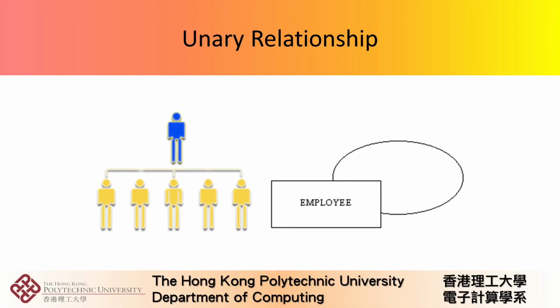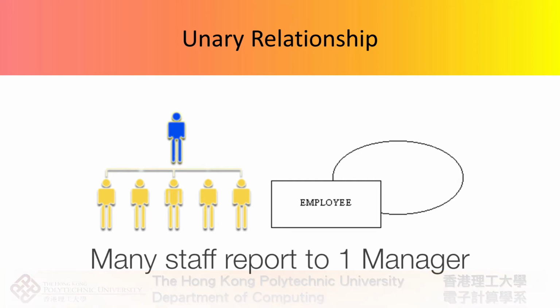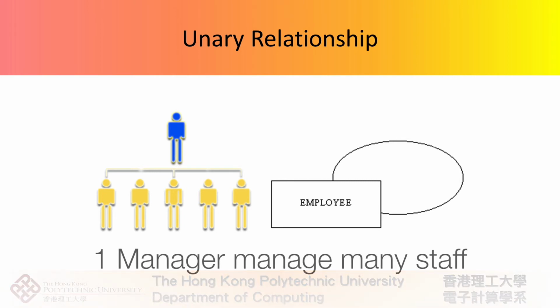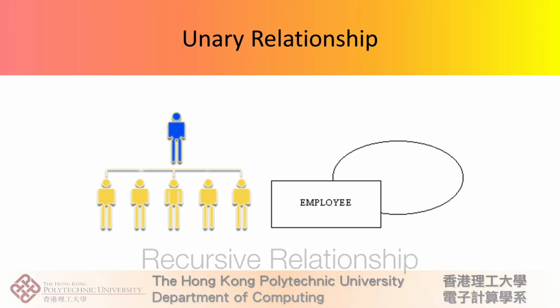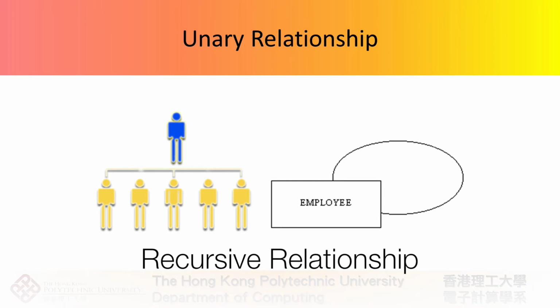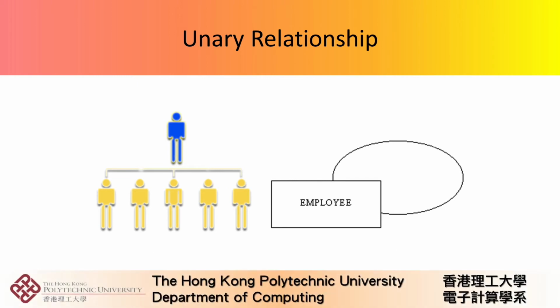In the case of employment, employee should be the entity. Many staff report to one particular manager, and one particular manager manages many staff. Therefore, there is a recursive relationship, the entity is shown in a rectangle, and the relationship between the employees should be manages or managed by.